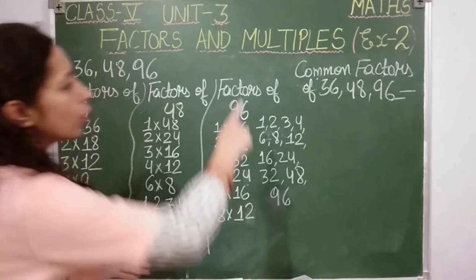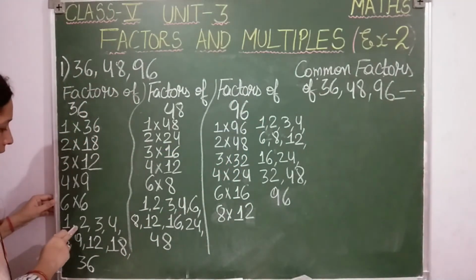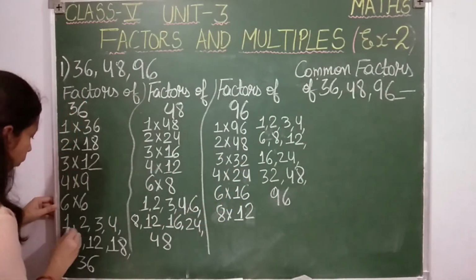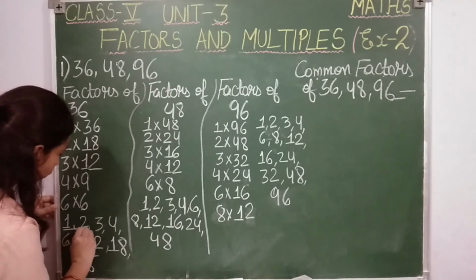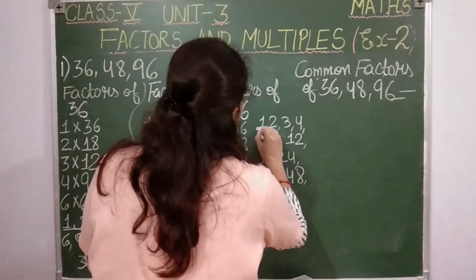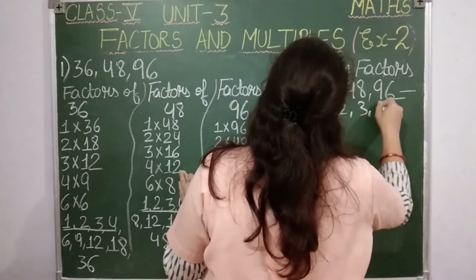Now let us write the common factors of 36, 48 and 96. So here 1, 2, 1, 2, 1, 2, okay, 3, 4. So I am underlining here students, 1, 2, 3, 4 here, 1, 2, 3, 4 here, and 96 also 1, 2, 3, 4. So 1, 2, 3, 4 are the common factors.